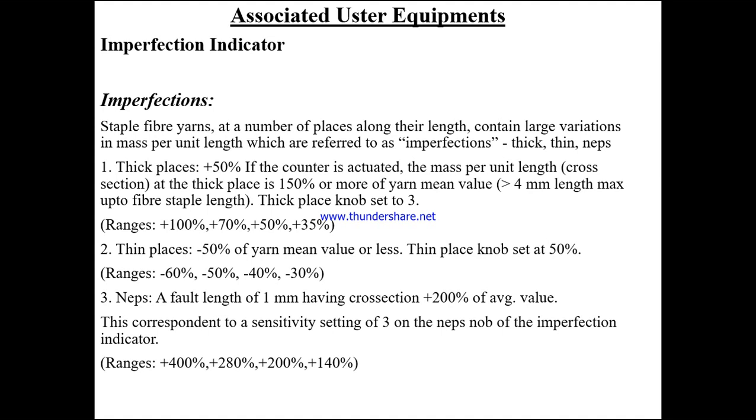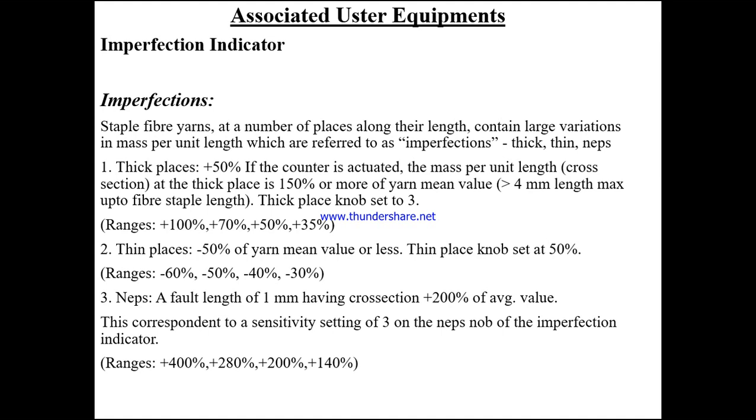Particularly in case of staple fiber yarn, the definition of imperfection is like that: at a number of places along the length of the staple fiber yarn, there are some large variations in mass per unit length which are referred to as imperfections. They are thick places, thin places and naps in the yarn body.